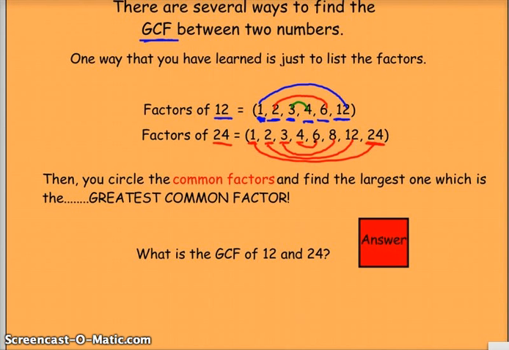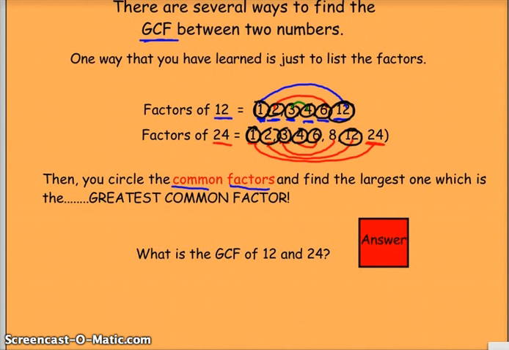I look and ask myself, what factors are in common between both 12 and 24? And I can see, of course, 1 is always a common factor. And then I have 2. I have 3 in common, 4 in common, 6 in common, quite a few here, and 12, in fact, is in common.